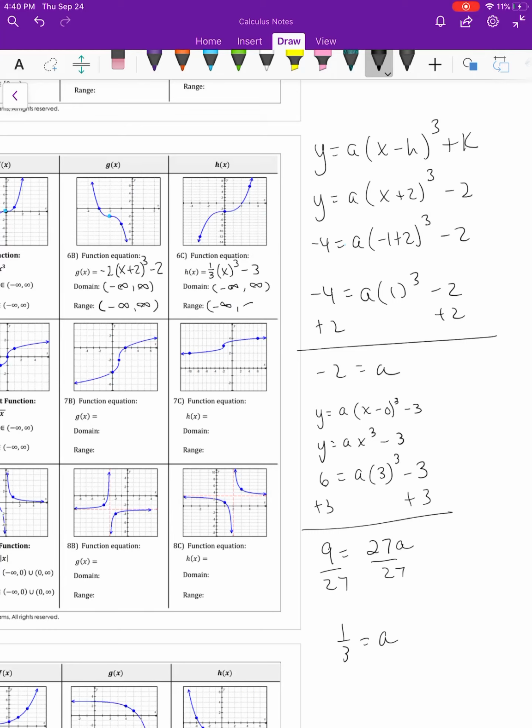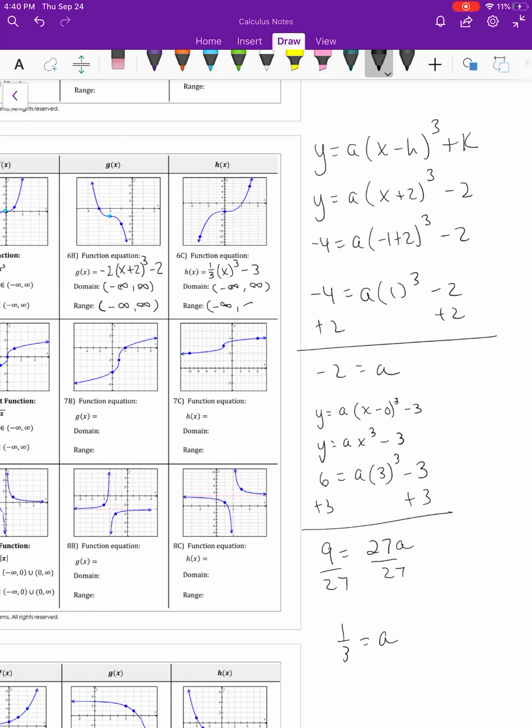Number 7 is the cube root function. So our point that everything is based on is this point right here on the parent function, and it's corresponding to this point here. So I'm going right 1 and down 2. So we'll start with y equals a times the cube root of x minus h, plus k.